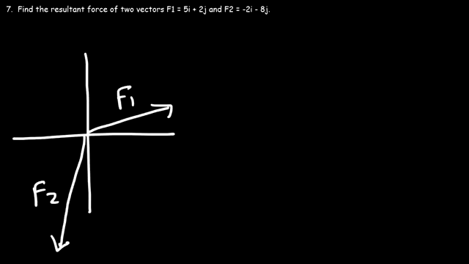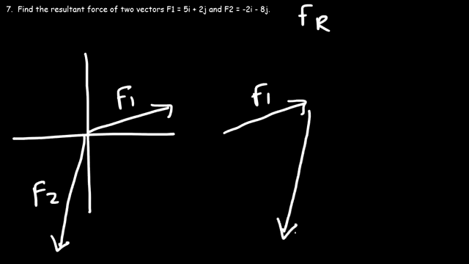Now the resultant force is the sum of these two force vectors. In which quadrant do you think the resultant force, which we'll call FR, is located? So if we take F1 and graphically add it to F2, where is FR located?